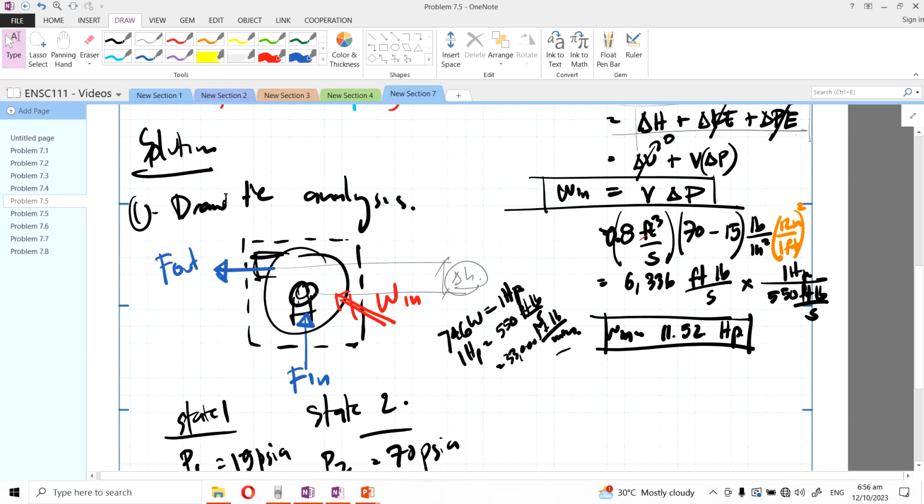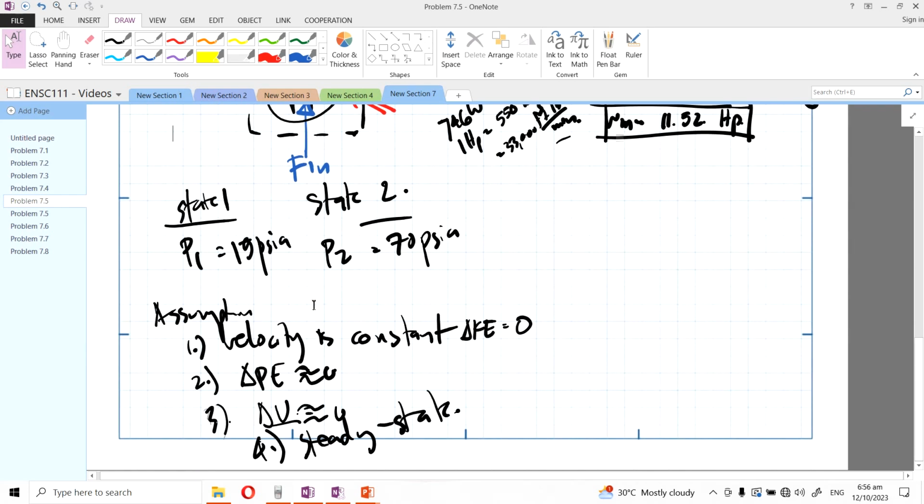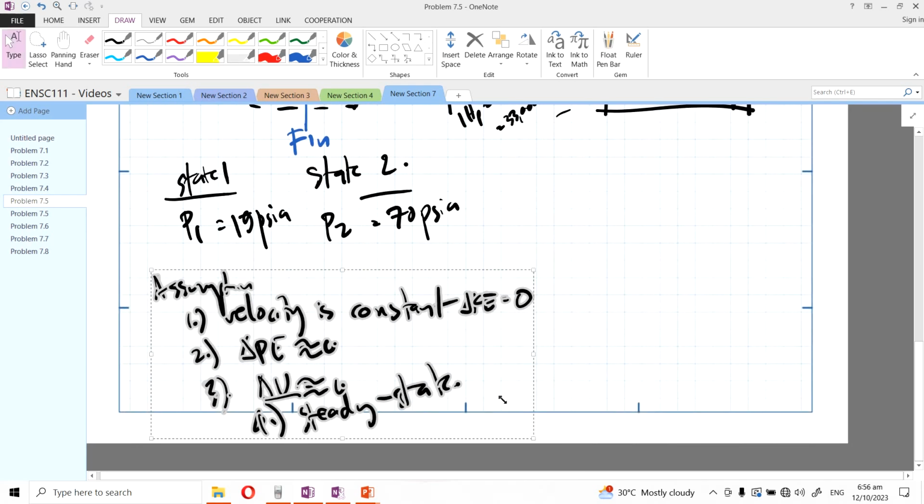The first step in any analysis is to select the system, then specify the interactions, write the state properties, and also the assumptions. Assumptions are not just to make the solution easier, but rather to be made based on what is appropriate.